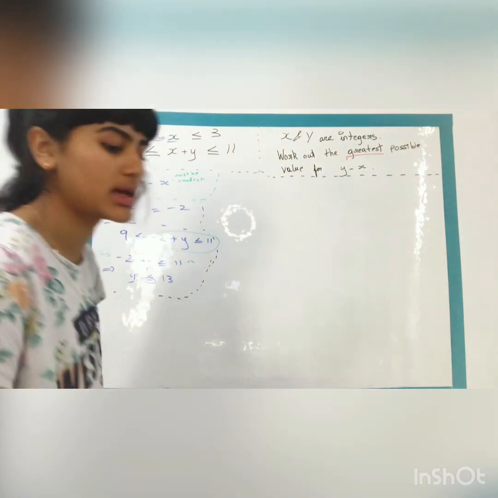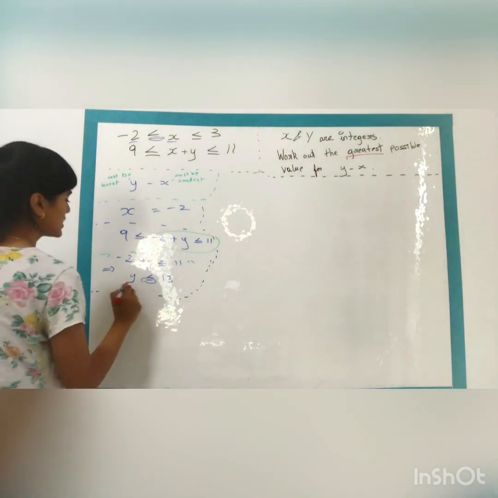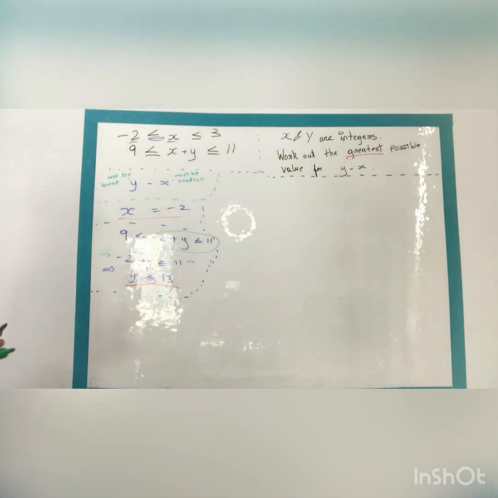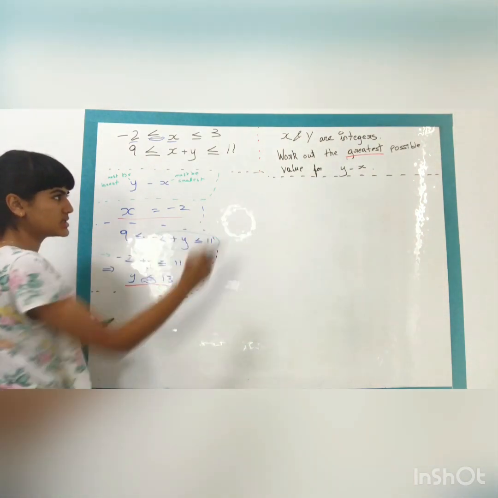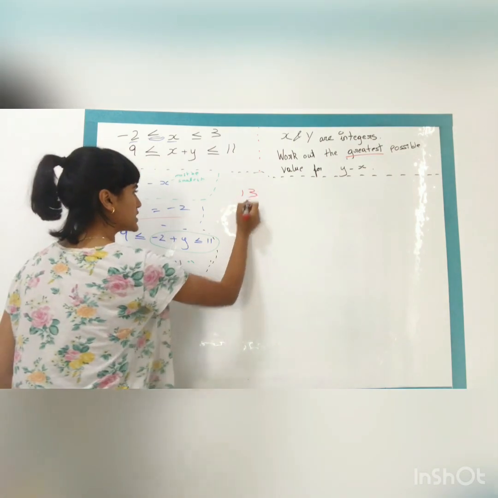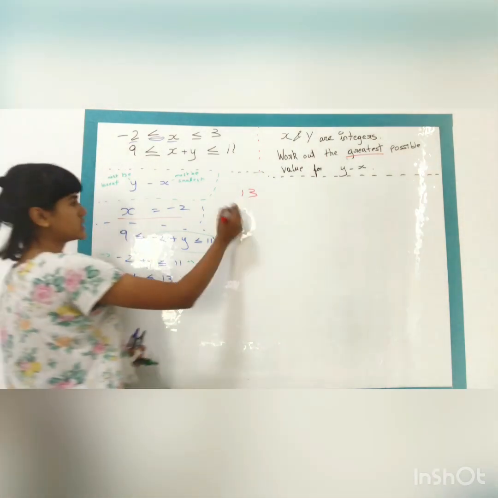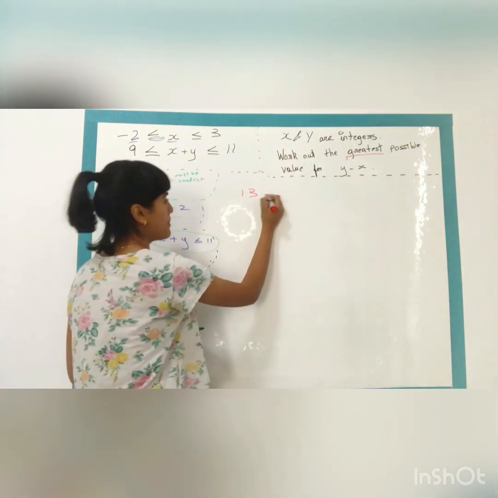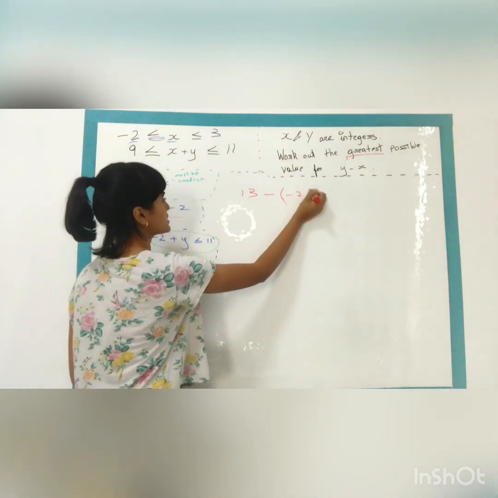Now I'll underline that in red real quick so you can see it clearly. All we're going to do now is stick it right into y minus x. So y is 13, and x is -2. Now don't mess this up, because it's minus of a minus.